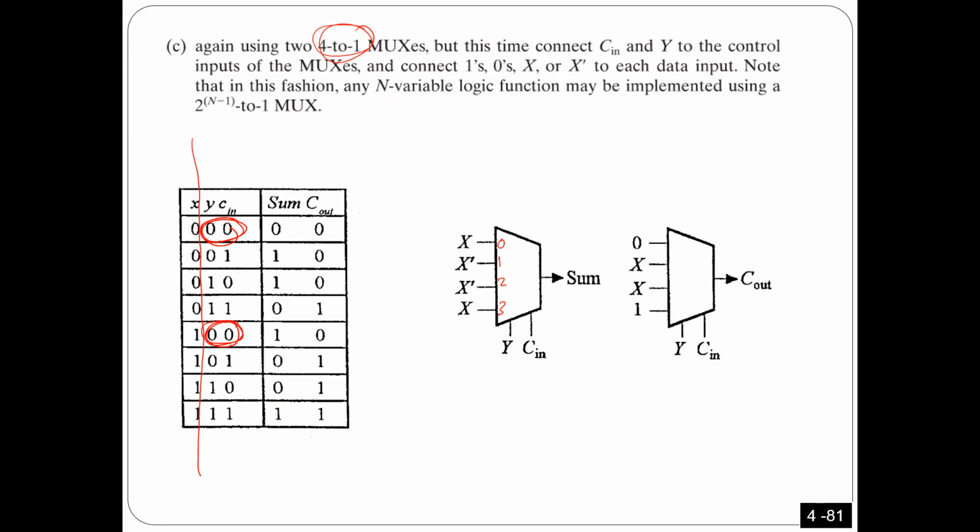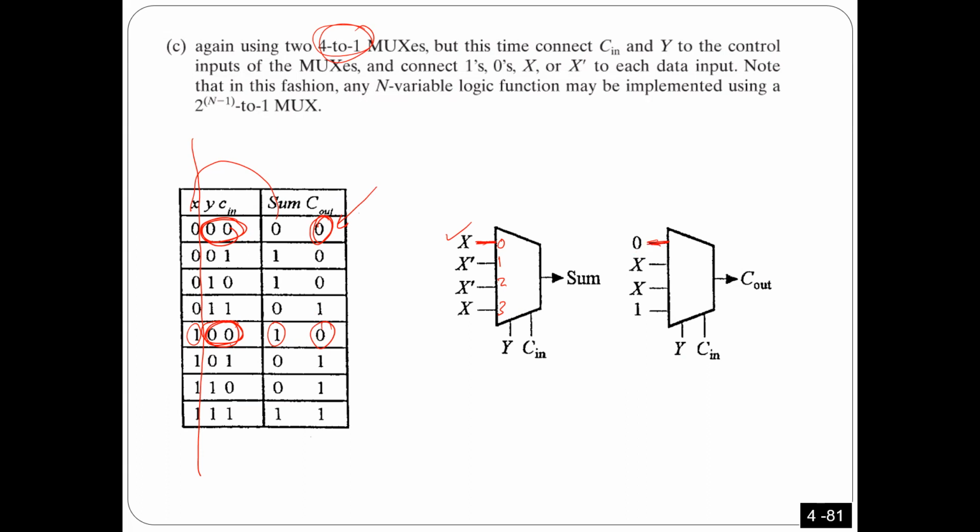Okay, let's see the relation. This one was 0 and this one was 0. If this one was 1 and this one was 1, what does it mean? It means it's equal. So that's why I put here X. What about this one here? This one was 0 and this one is 0. It's going to be 0 all the time. So that's why I'm going to put here 0.